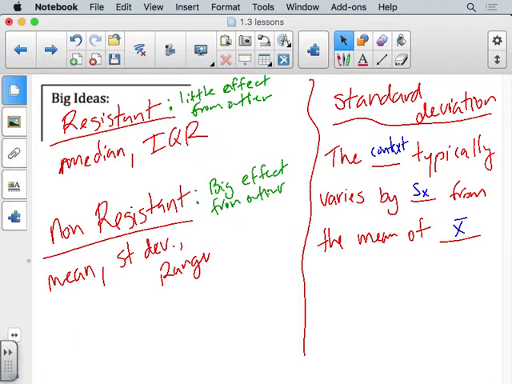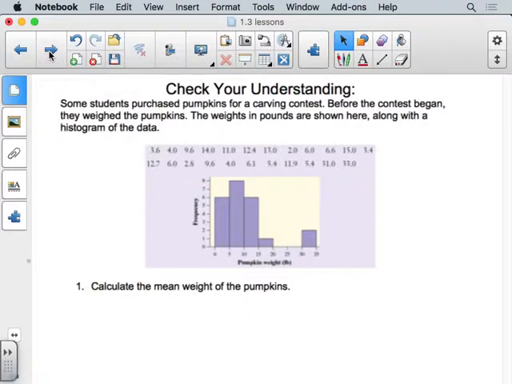All right, I want y'all to look at, I already did standard deviation on it. I'm just looking at my other notes that I have. We did that on Friday. Okay, I want y'all to look at the check your understanding. It just gives you some raw data. It gives you a graph. It wants you to calculate the mean and the median.